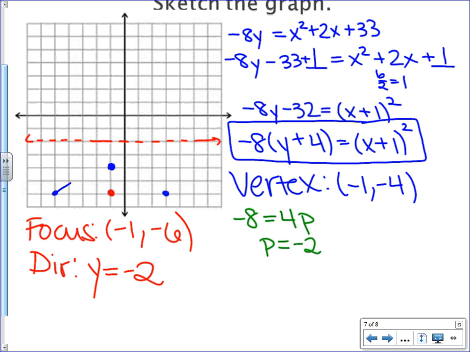And you'll notice that those points are also 4 away from the directrix. You always do that at the focus, so that we can hold that property. Those are the only points you need, okay, to get your shape.